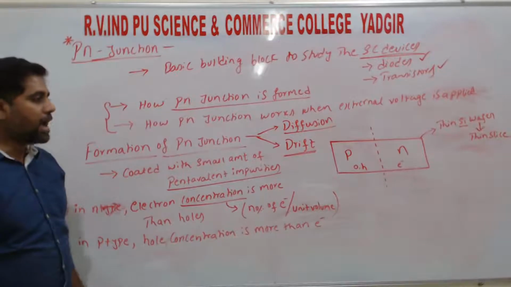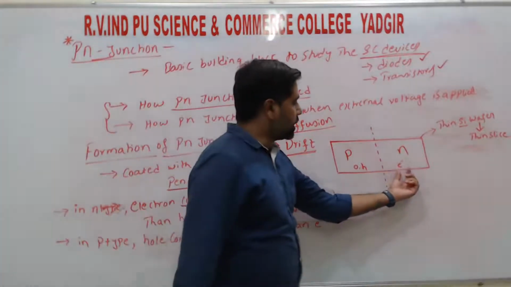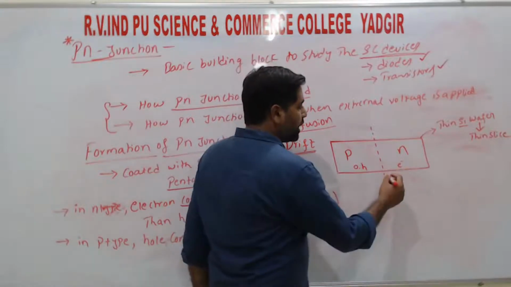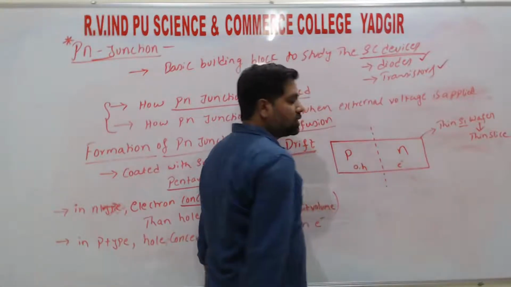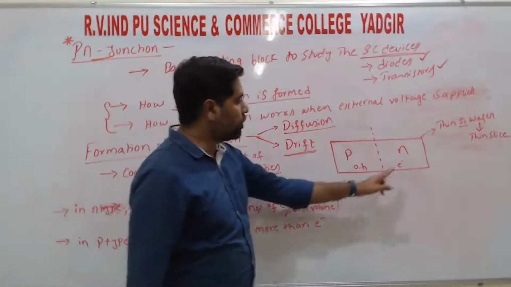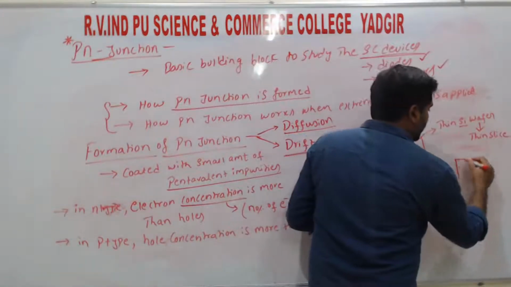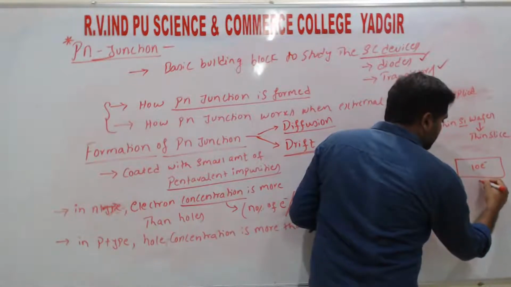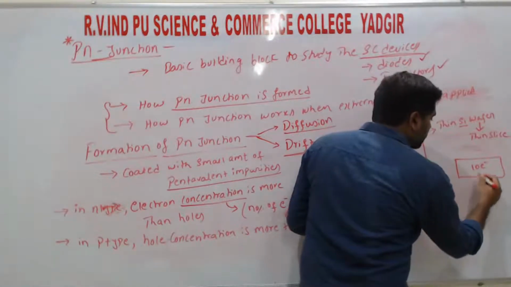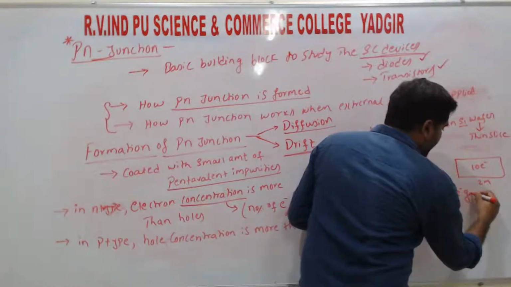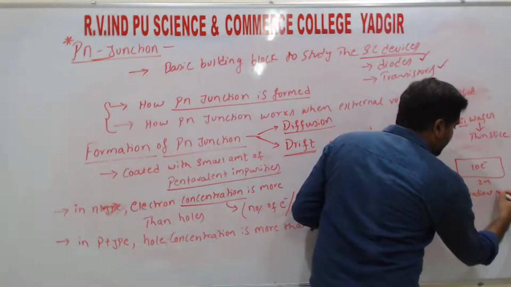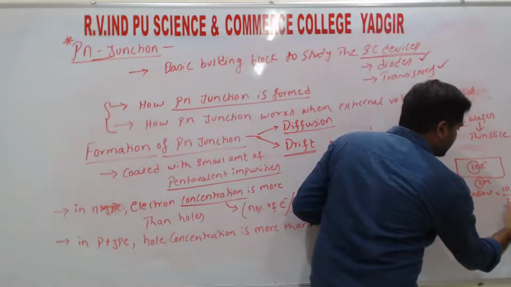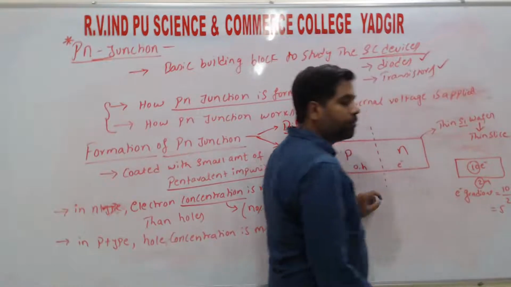So diffusion: in n-type semiconductor, the electron gradient is nothing but the number of electrons with respect to its length, right? For example, in this length we have 10 electrons, and the length is 2 meters, then we call this the electron gradient, equal to the number of electrons divided by its length, that becomes 5, right?